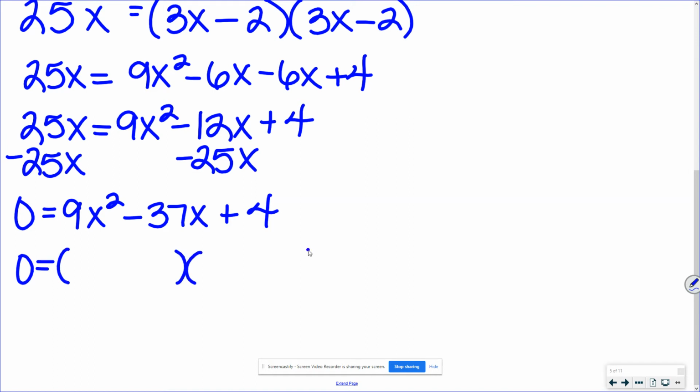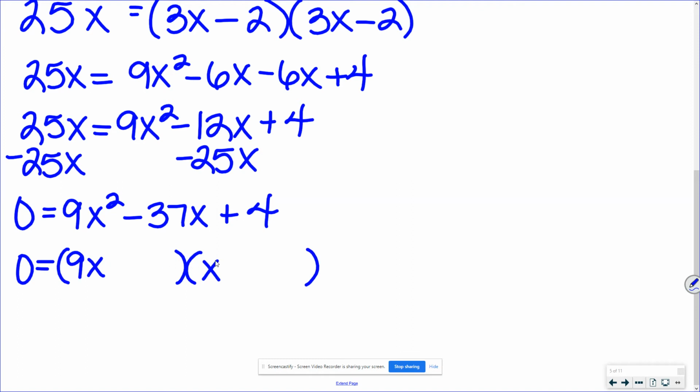Okay, it's been a lot of work to do this problem so far, but there's an extra step here. It's a little different. Yeah, we're factoring, but this factoring is a little bit different than the others because we have a 9x squared instead of just an x squared. So I have to say 9x times x is 9x squared, or 3x times 3x could work. We don't really know what the right choice is until we check.